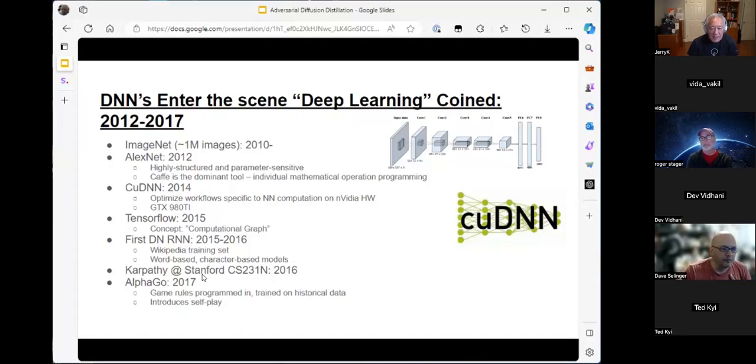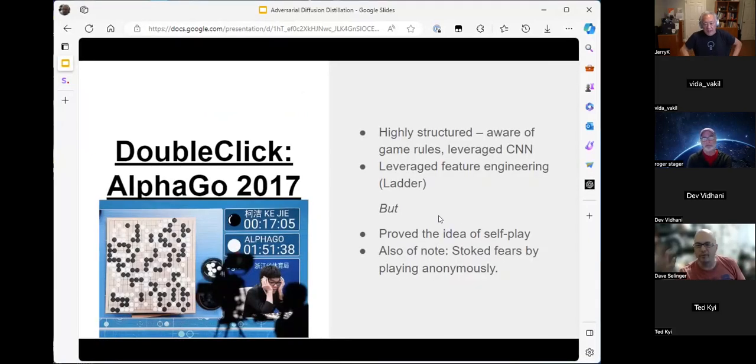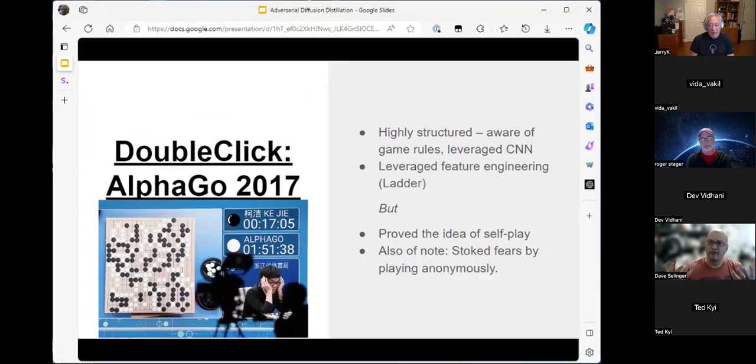Okay. So with that, I'll jump into a quick double click. I'm going to do a couple of double clicks from the background. One was AlphaGo. AlphaGo introduced one of the most interesting concepts that's relevant to SDXL-Turbo, in that it proved the idea of generation.